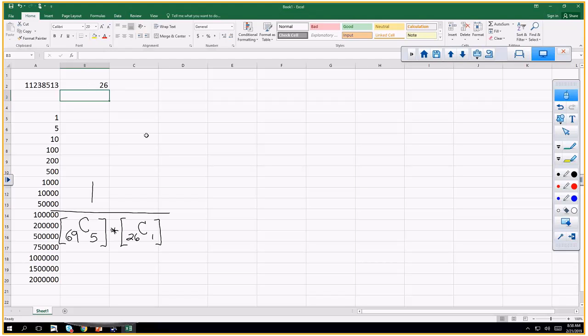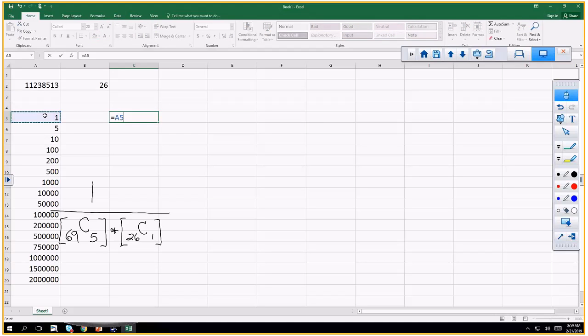And then I'm going to put over here equals 1 divided by parentheses this number times this number, and I want to lock both of them. Let me do it again.